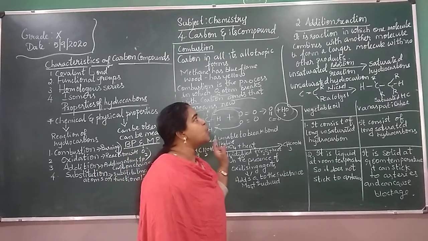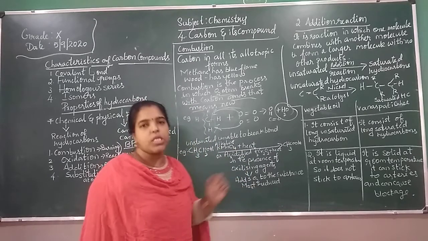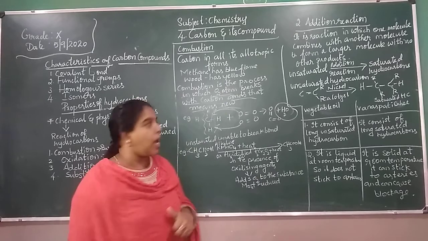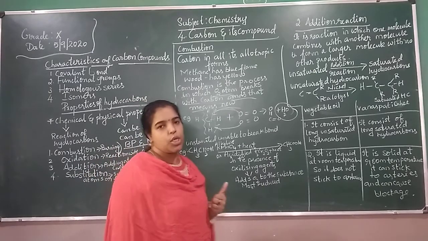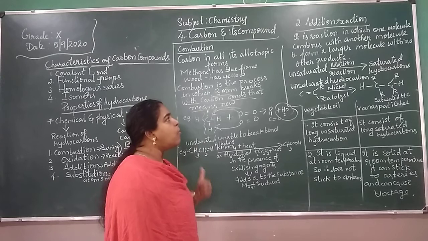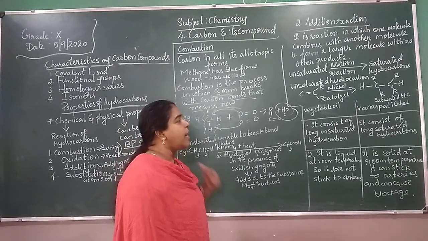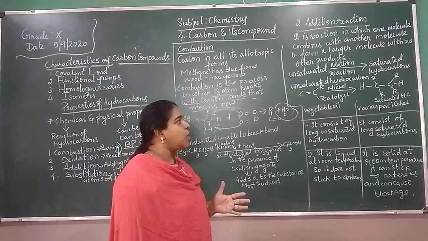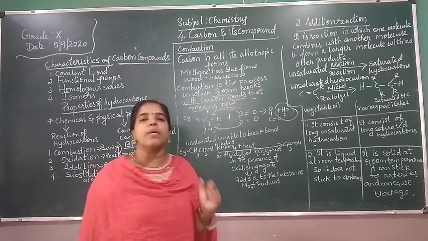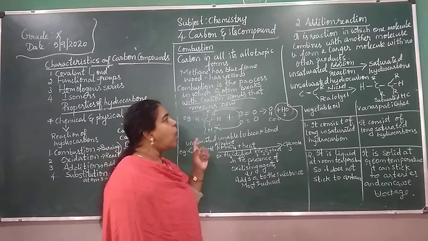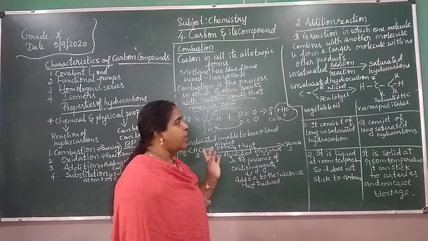Next we move to the addition reaction. Let's see what the addition reaction is. It is a reaction in which one molecule combines with another molecule to form a larger molecule with no other products. So unsaturated hydrocarbons undergo addition.